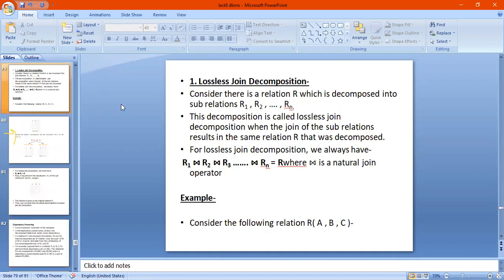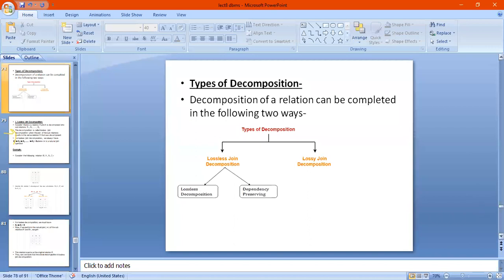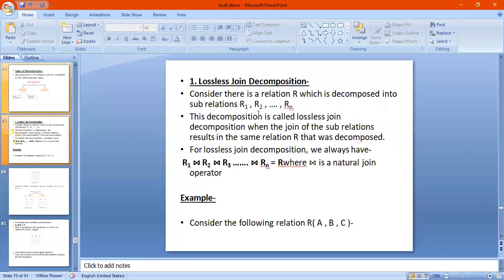Lossless join decomposition. Let's see this. Consider there is a relation R which is decomposed into sub-relations R1, R2, and Rn.